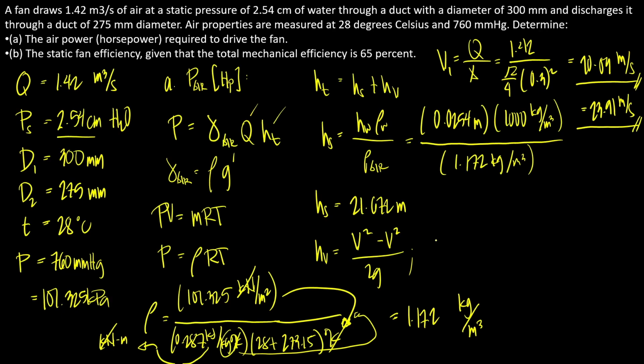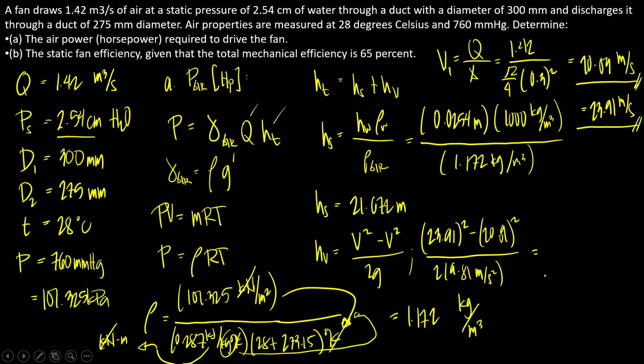Then we just subtract: 23.91 squared minus 20.09 squared, over 2 times 9.81 meters per second squared. So we would have 8.57 meters.